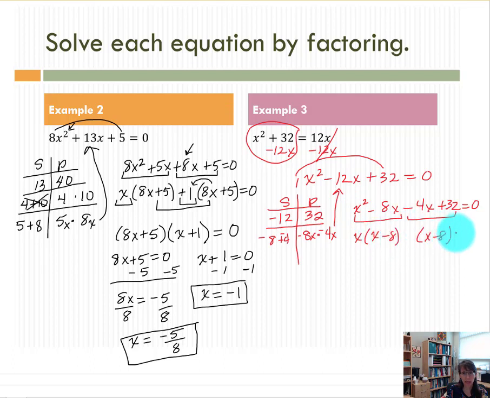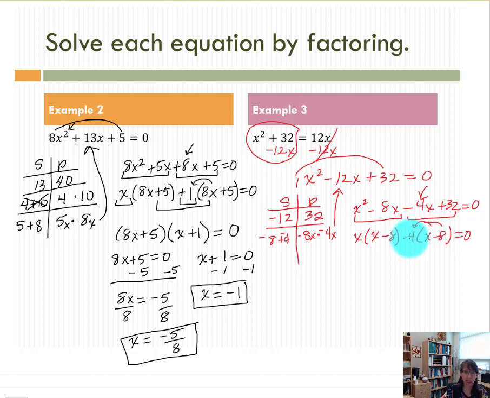So x minus 8 should be the common factor in that quantity. X multiplied by something in this gap needs to match negative 4x. So you can see we have the x, we just need the minus 4. Minus 4 fills that gap.